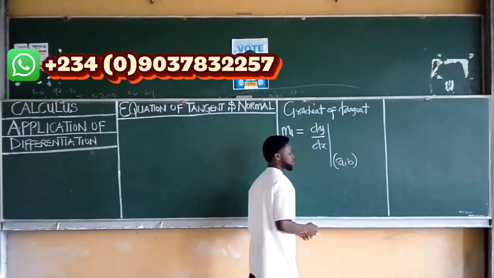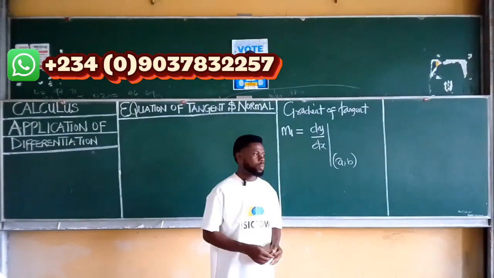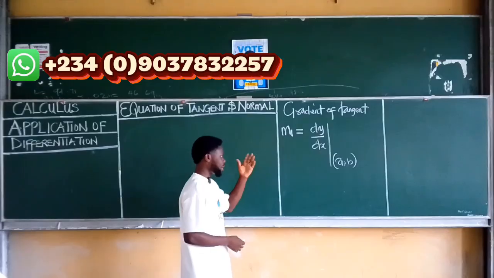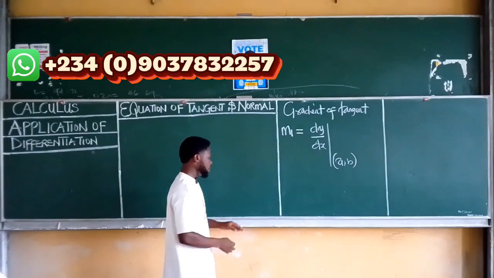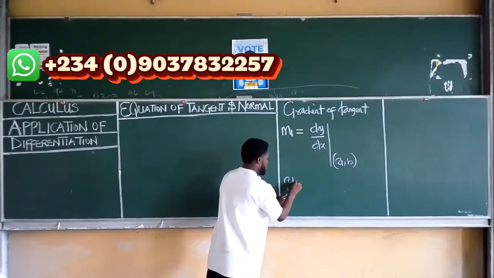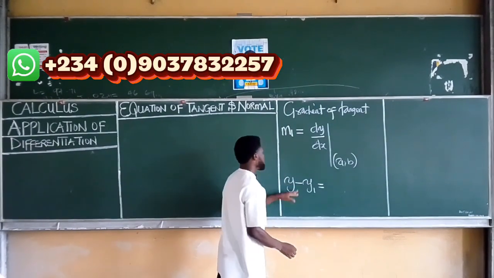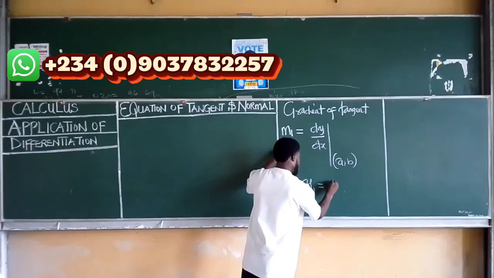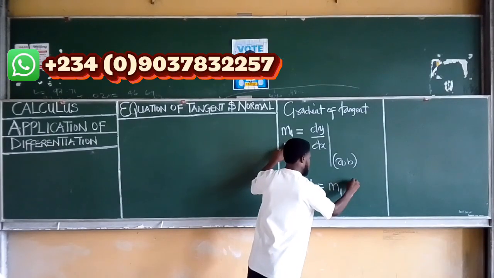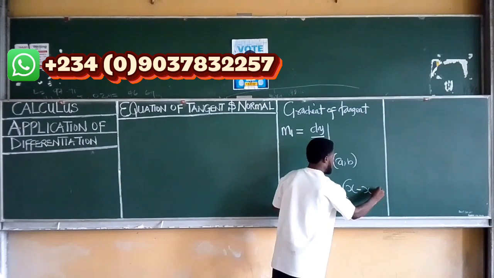Now, if we are relating this to the equation of a tangent to the curve, then the equation will be given as y minus y1 is equal to the gradient m1 in brackets x minus x1.